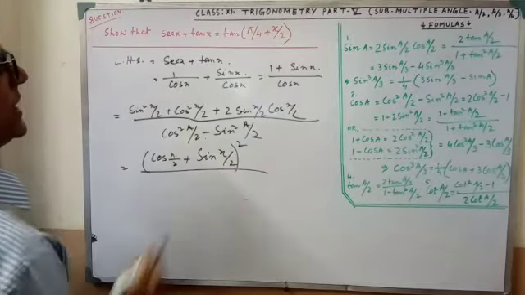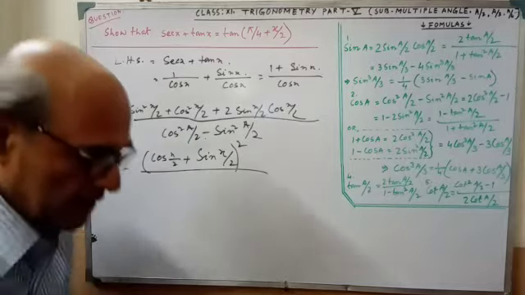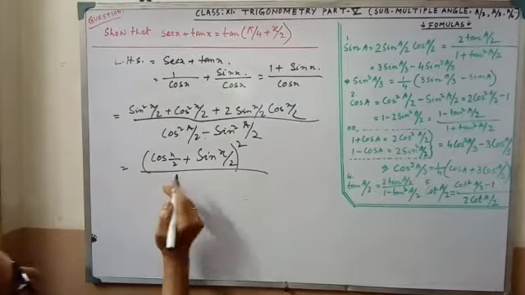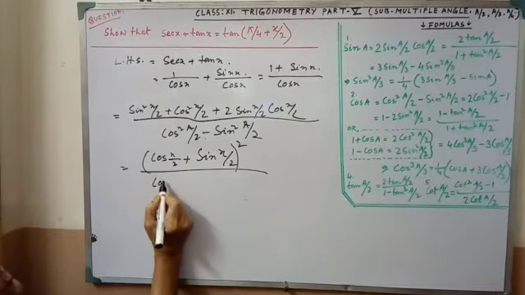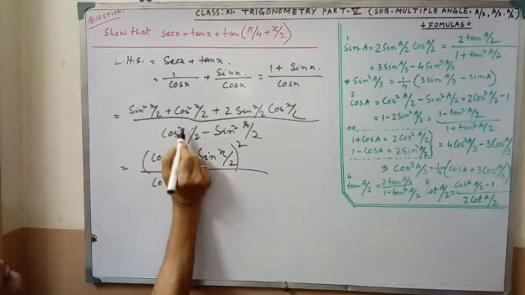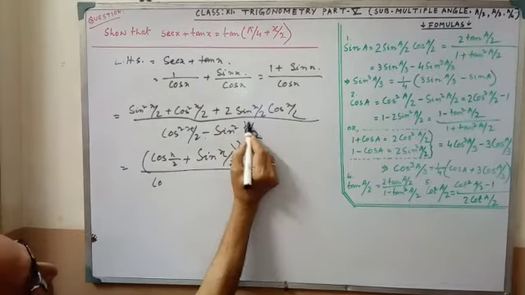This is a square minus b square. This is a plus b whole square. A square minus b square is known to you very well: a plus b into a minus b. Here in place of a, that is cos. Oh, here is x, sorry, this will not be a. This is x by 2. Here x is given.